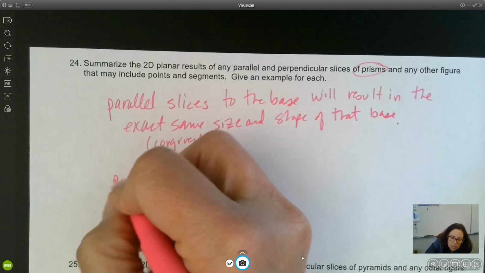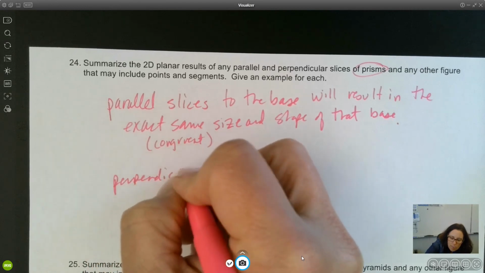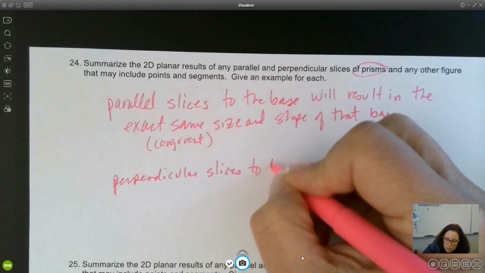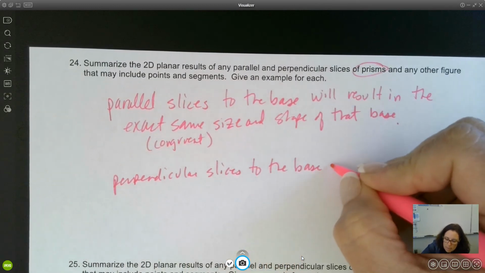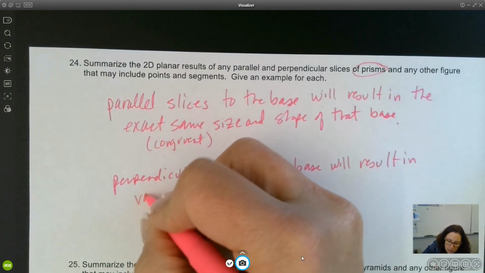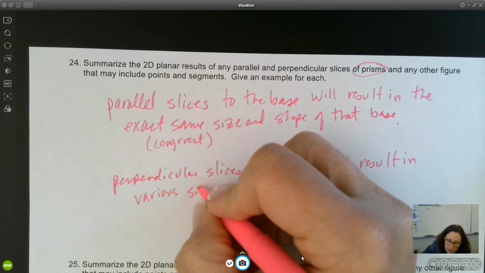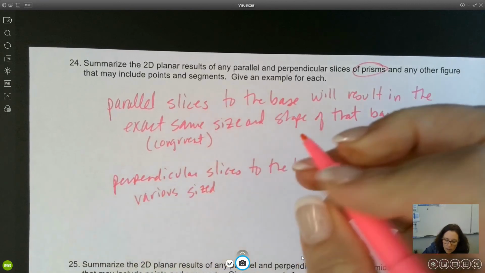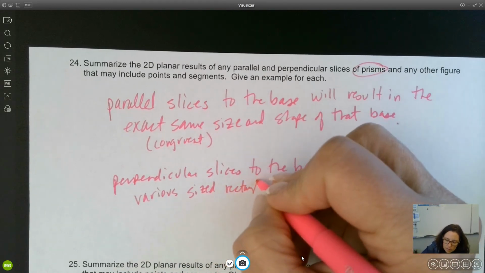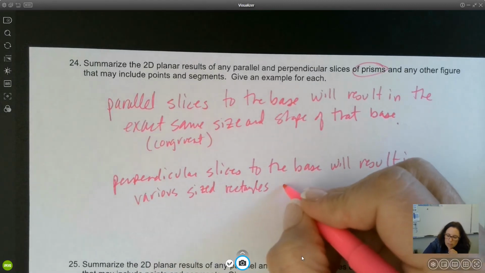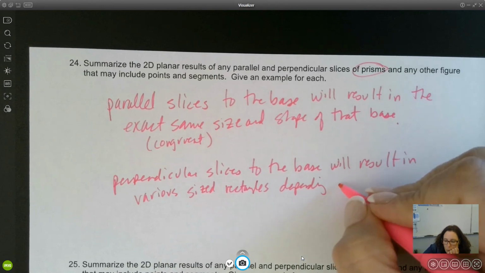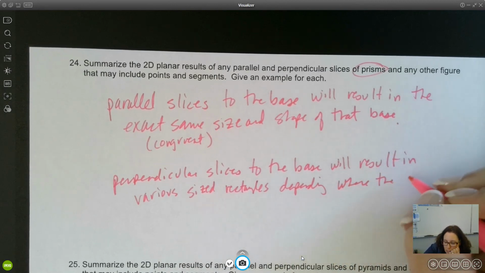Perpendicular slices to the base will result in various sized rectangles, depending where the slice is made.